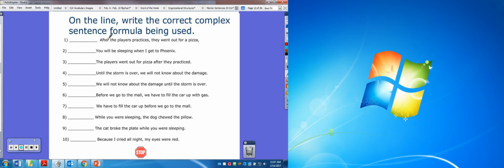So I see after the players practiced, when, after, until, before, while, and because.